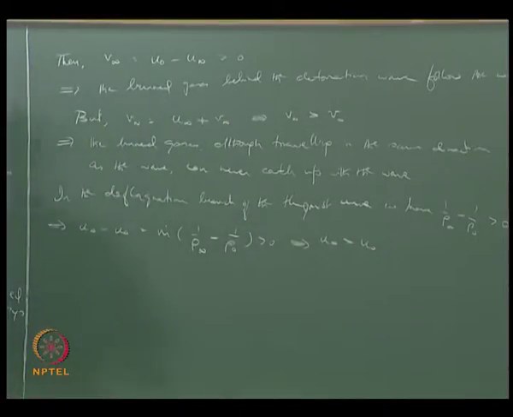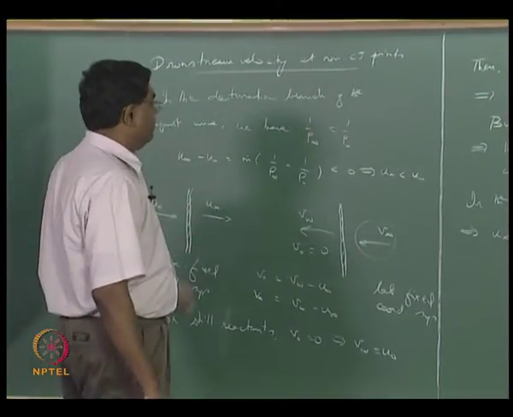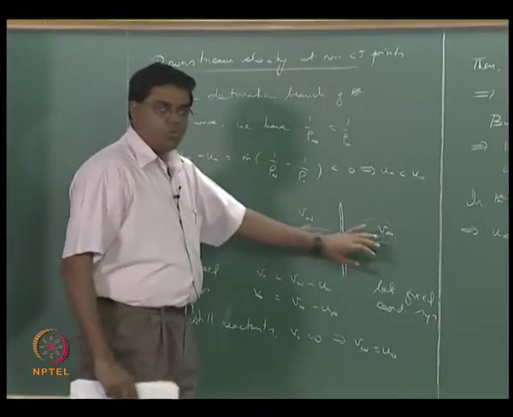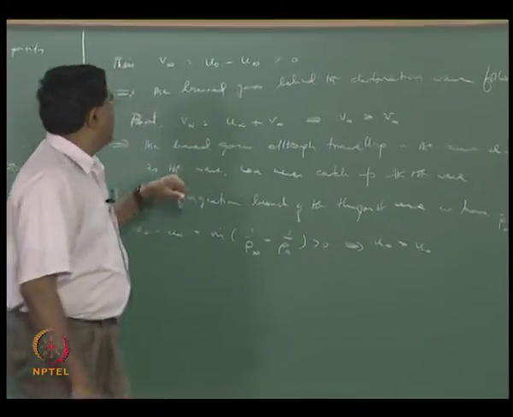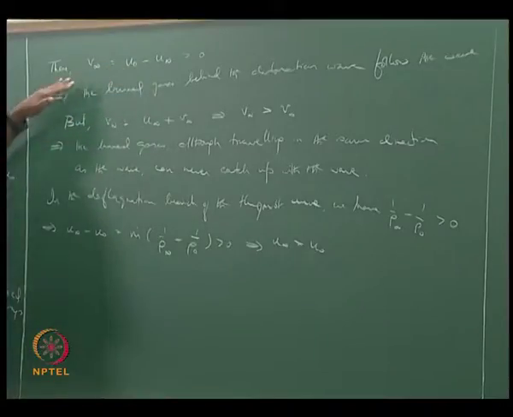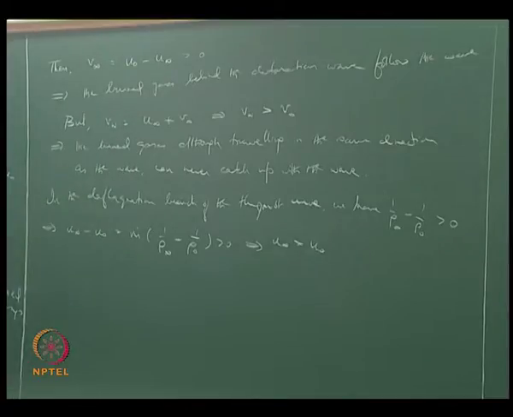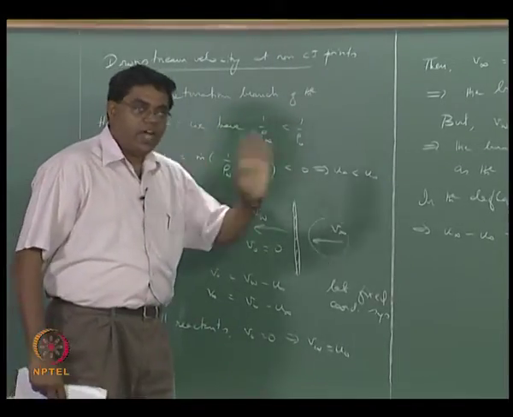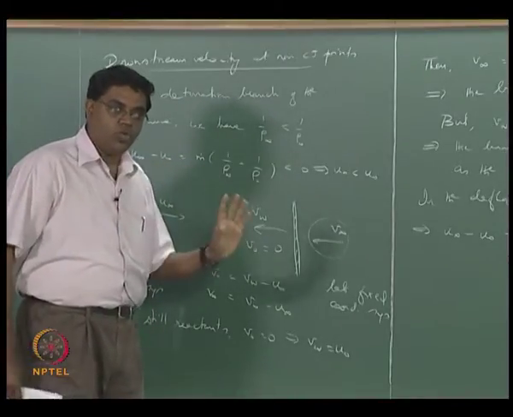In the wave fixed coordinate system we know that the product flow is getting accelerated compared to the reactants, but now we look at the consequence in the lab fixed coordinate system. If u infinity is greater than u naught, let's look at what happens to v infinity. So v infinity is equal to u naught minus u infinity, that's coming out of the coordinate transformation regardless of the actual disparity between u infinity and u naught.